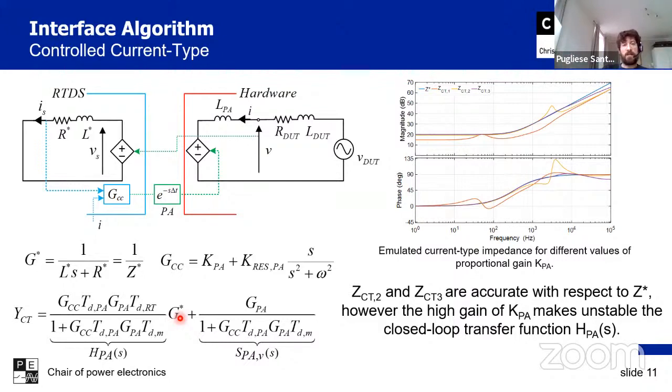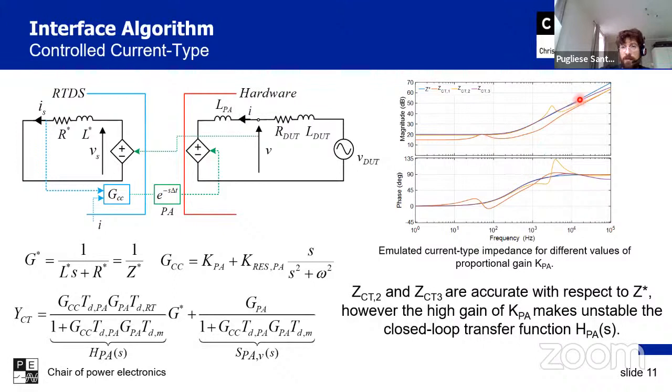I'm telling that the device under the test will feed the power into my load, or into my plant, exactly as if I were modeling the real Z star. Due to the delays, and due to the fact that I don't have infinite bandwidth in the current controller, in reality I cannot be accurate in a wide range of frequencies. But looking at the Bode diagram here, which represents this equivalent impedance, we see in blue the equivalent impedance of my plant.